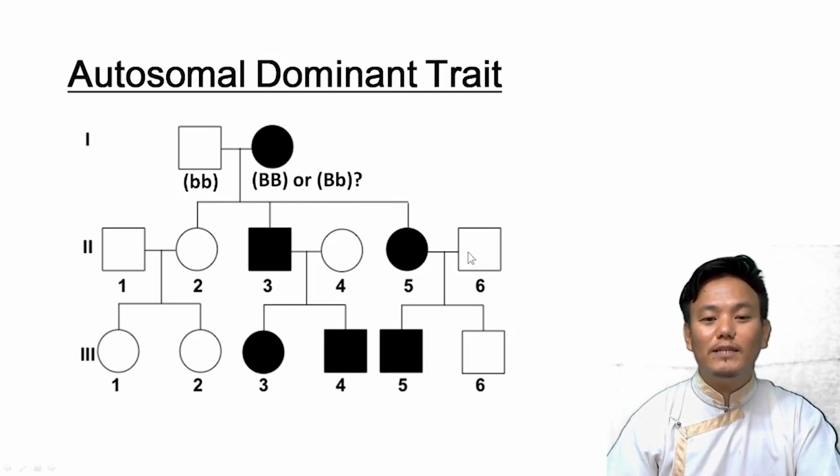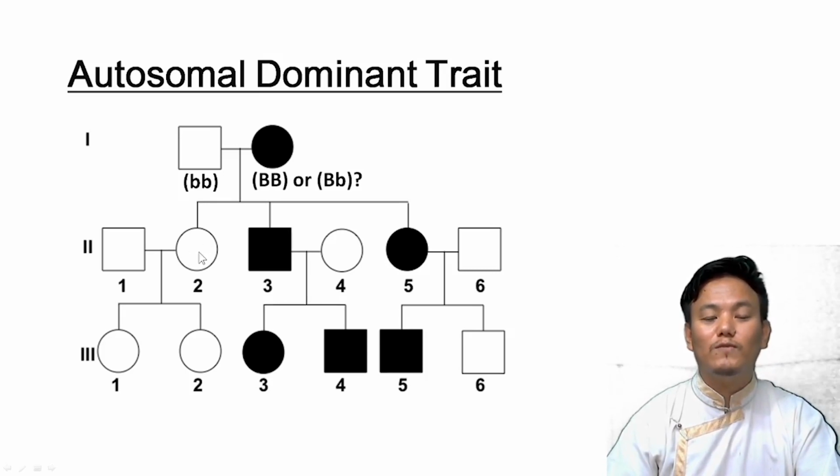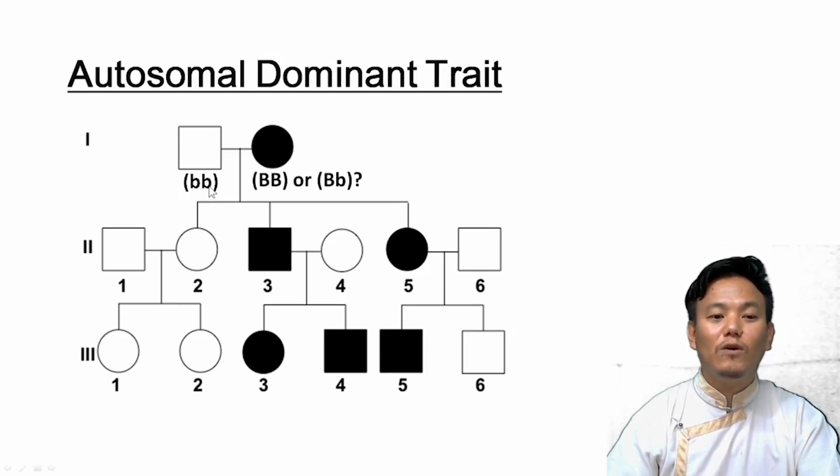For that we have to look at their children. They have got 3 children over here, 1, 2 and 3, and among their children there is this eldest daughter who is showing white hair color. Since she is showing white hair color, we know she will be homozygous recessive, 2 small b's. That means she got 1 small b from this individual and 1 small b from this individual.